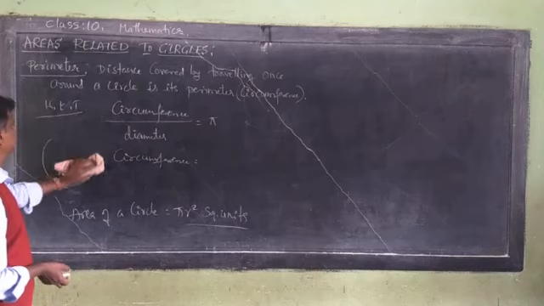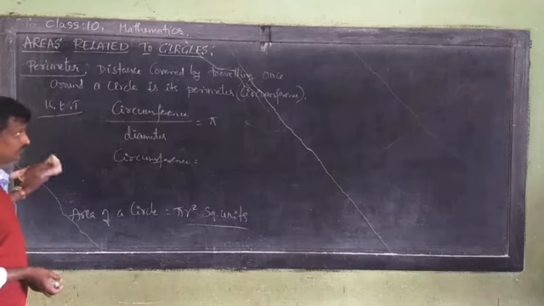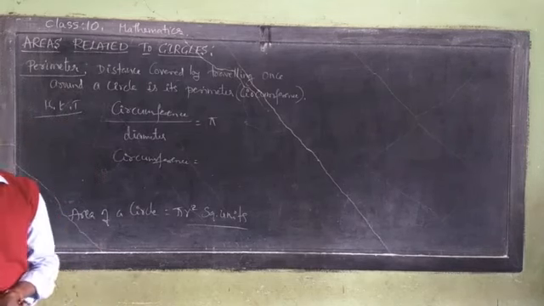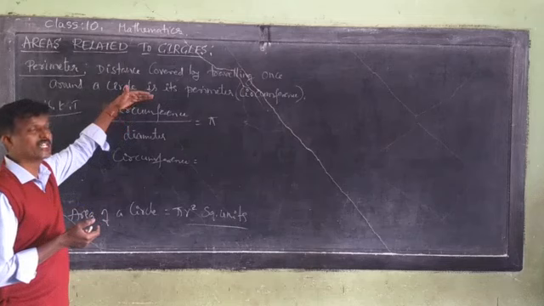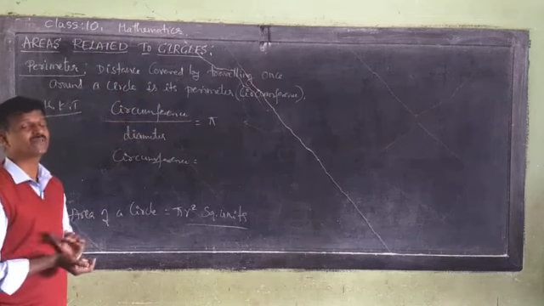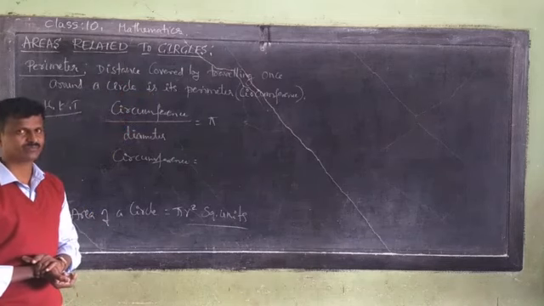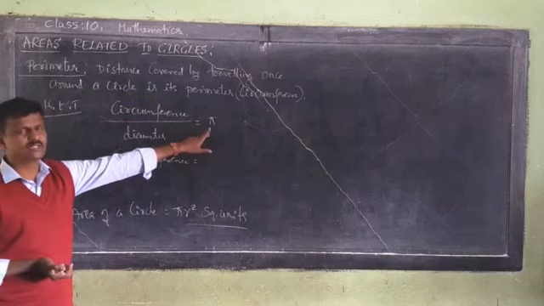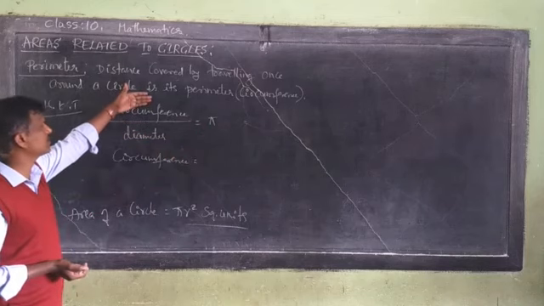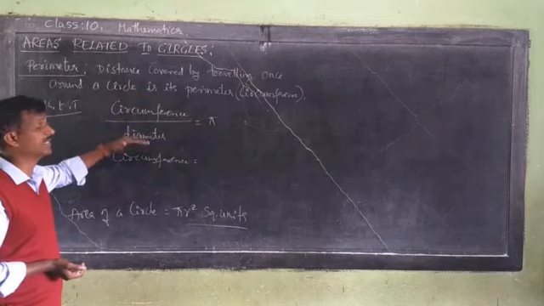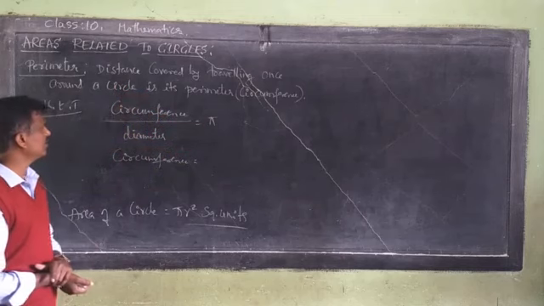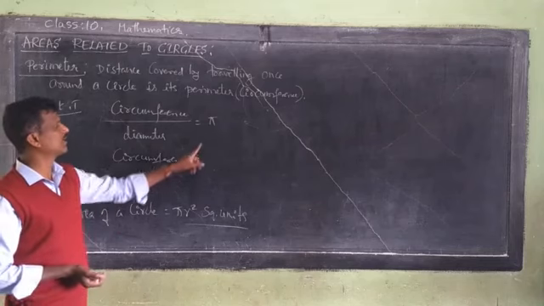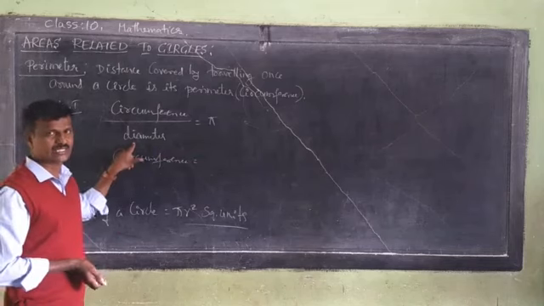We are familiar with finding the value of pi using the ratio of circumference to diameter of the circle. The value of pi is given by circumference to the diameter. So, circumference is equal to pi into diameter.